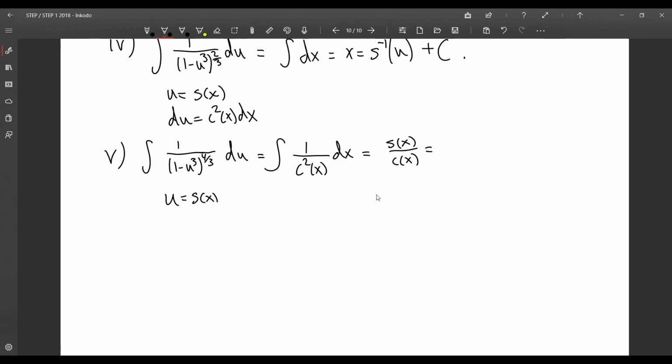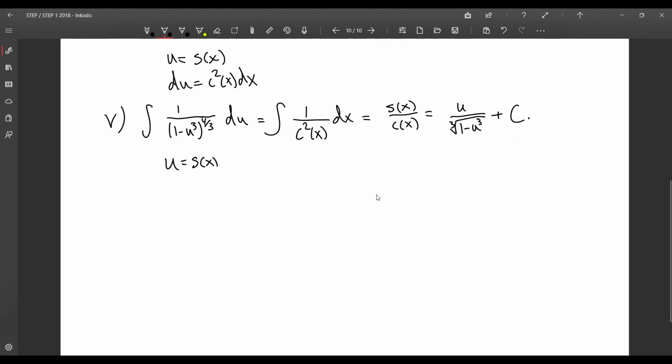So this is going to give us u over, let's think, the cube root of 1 minus u cubed plus c. Yeah, because if I plugged s into there, that would give me c cubed. Yeah. Wow, that is amazing.